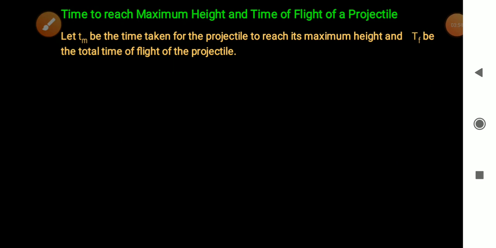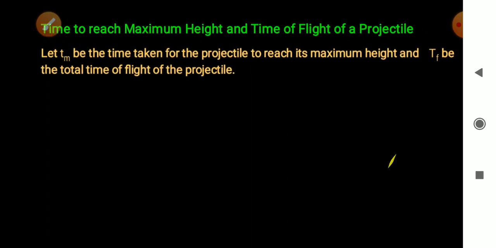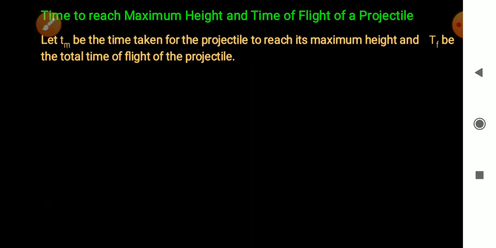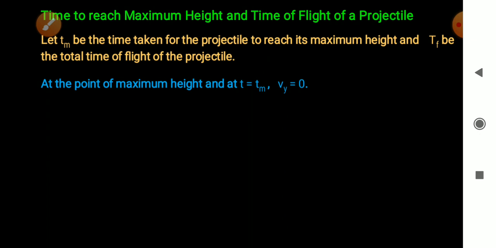So we can write, let Tm be the time taken for the projectile to reach its maximum height and Tf be the total time of flight of the projectile. Right? At the point of maximum height, we can write t equal to Tm and Vy equal to 0 as we have discussed in previous slide.